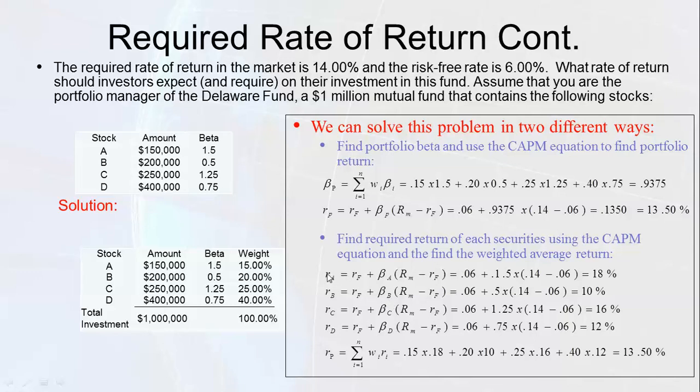First of all, you have to estimate the required rate of return for each security using the CAPM equation. Here you are not using the portfolio beta, you are using the individual security's beta. And then you can find the weighted average of those returns to find the portfolio return. So whichever way you want, please feel free to use. But I think this one is a lot better, a lot easier, because you have to do only two things here.